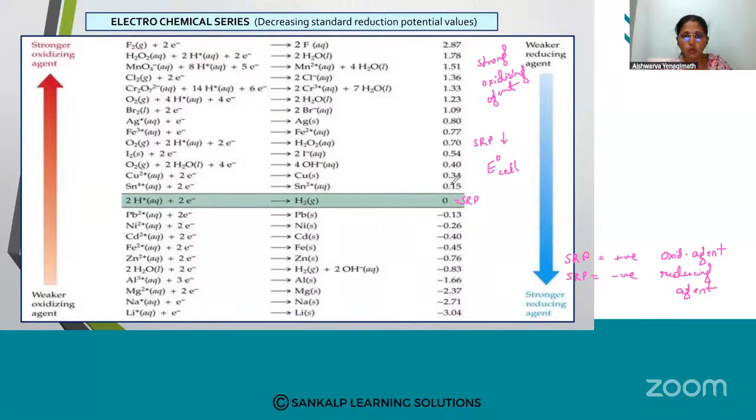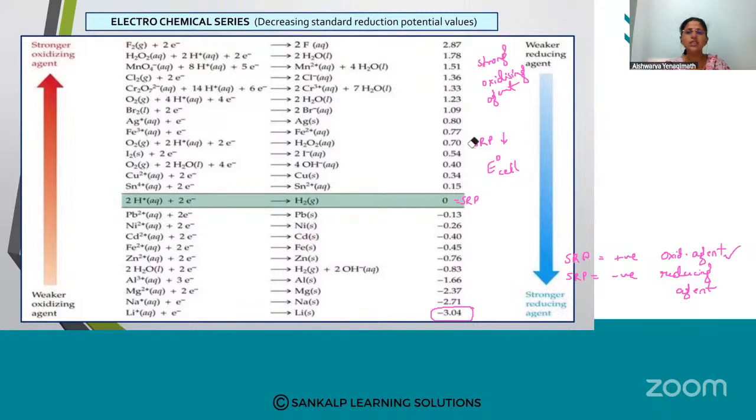At the starting, you have positive values, which say that SRP positive means oxidizing agents. At the bottom, you are having negative values. Just now we had seen fluorine is a strong oxidizing agent because it is having a positive value, right? Whereas lithium is a strong reducing agent because its SRP value is least, minus 3.04.